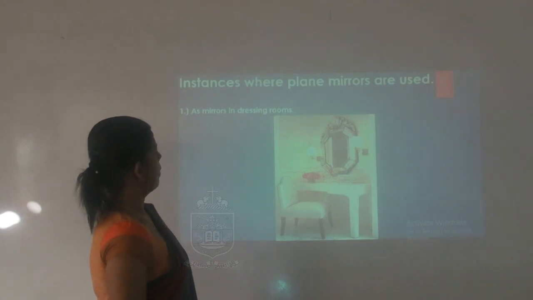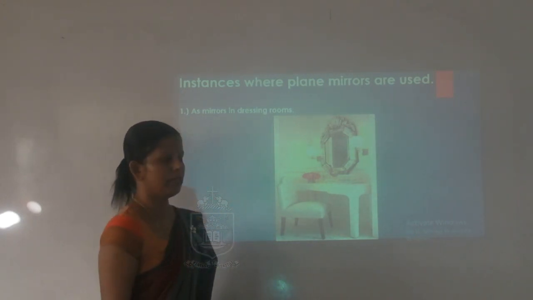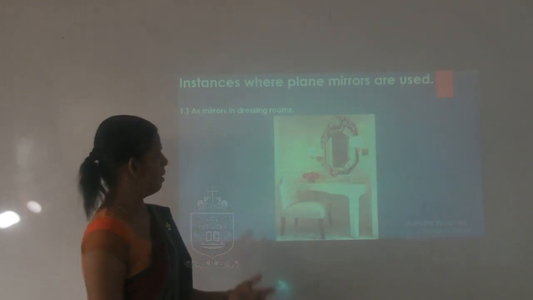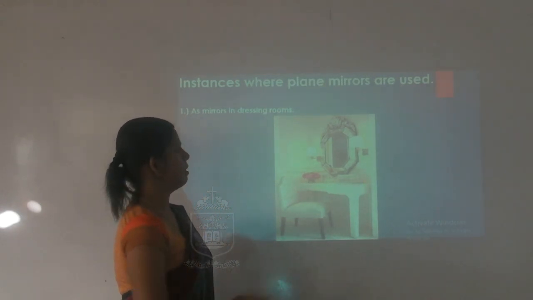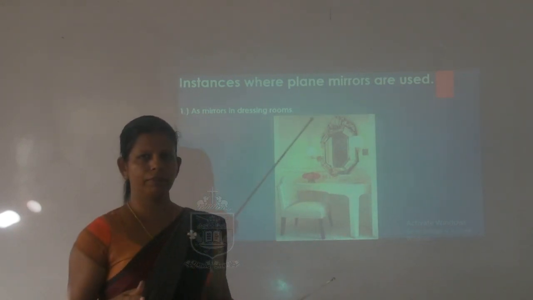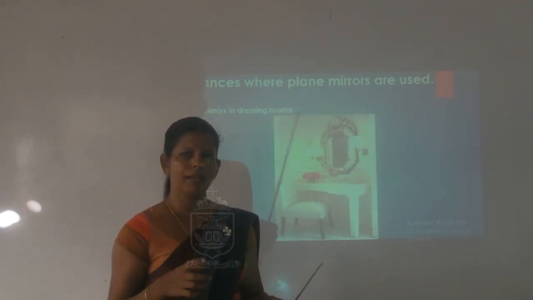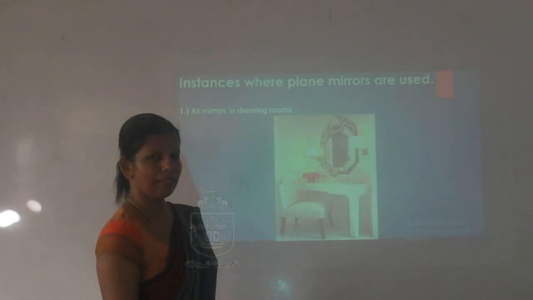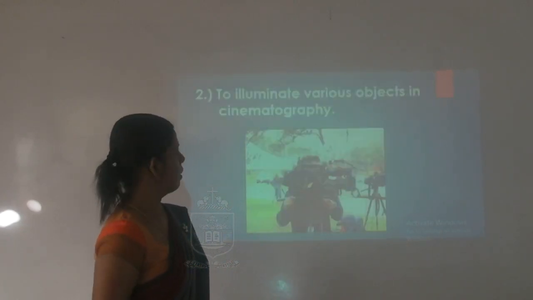So my dear children, what are the instances where plane mirrors are used? One is as mirrors in your dressing room. In your dressing room, we normally have mirrors, so we use plane mirrors for that.